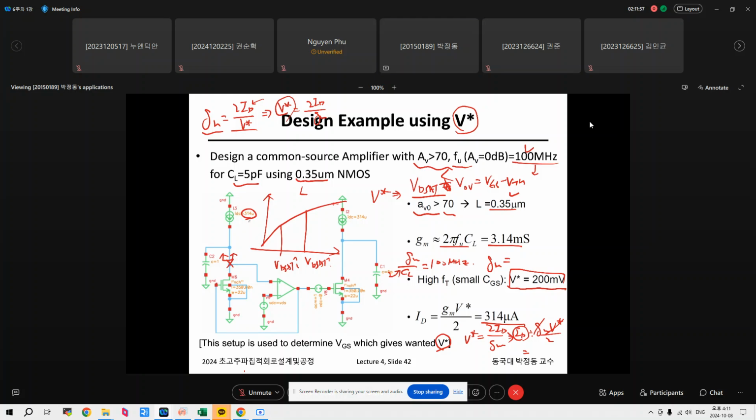So this will provide the required gate voltage over here.